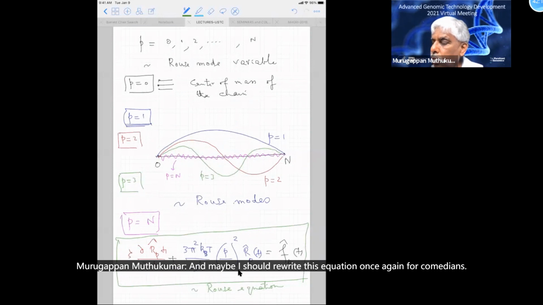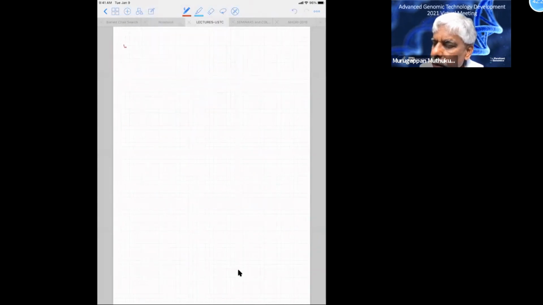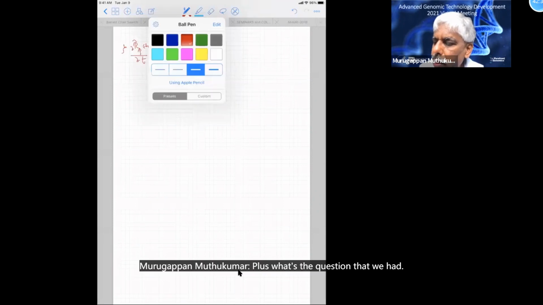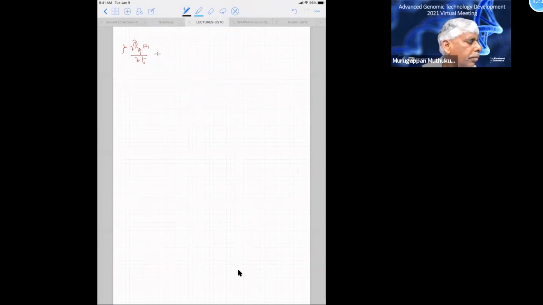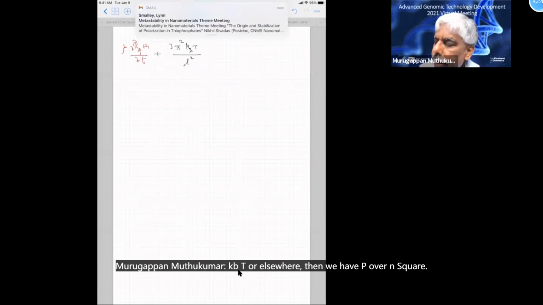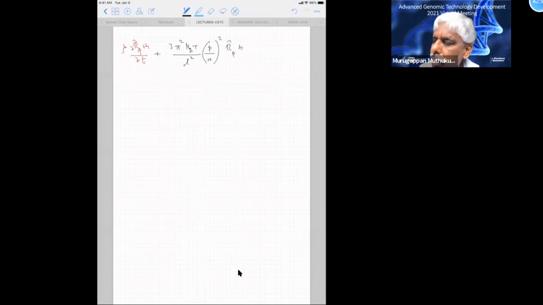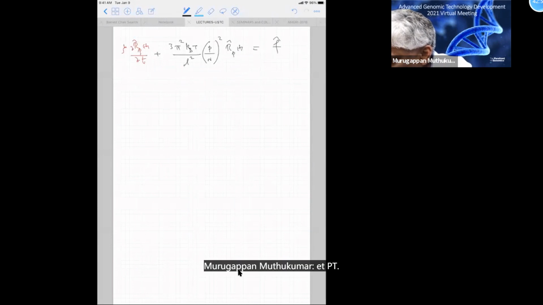Maybe I should rewrite this equation once again for convenience. Zeta d r hat p at t by dt plus 3 pi square k_B T over L square, then p over N square r hat p at t, that's equal to f hat p at t.